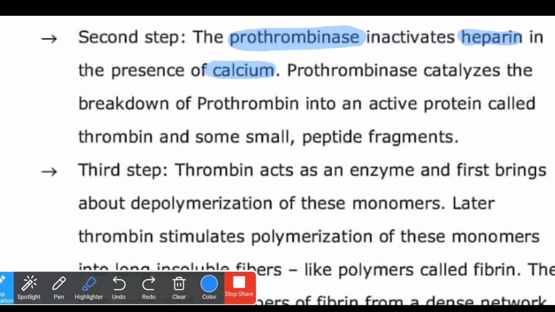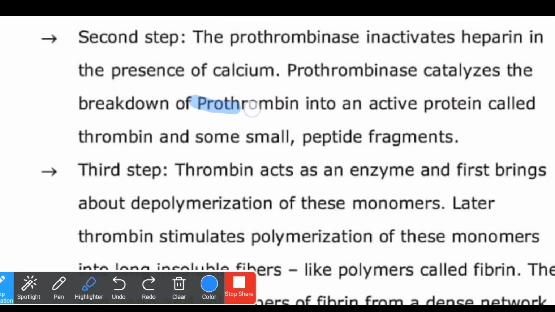Now, the prothrombinase catalyzes the breakdown of prothrombin into an active protein called thrombin. Please remember that the prefix pro denotes the inactive form of a protein.